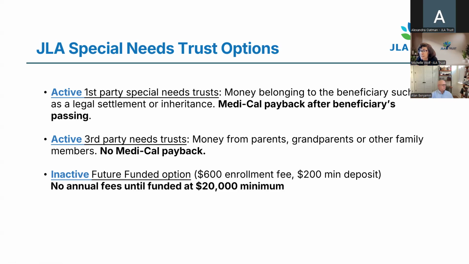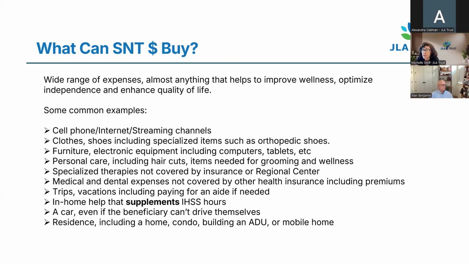So once money is in the trust, what can it be used for? The good news is a lot of things, almost anything that's legal. In general, we look at services and items that improve wellness, optimize independence, and enhance quality of life.